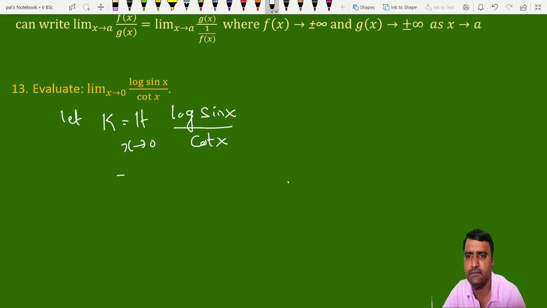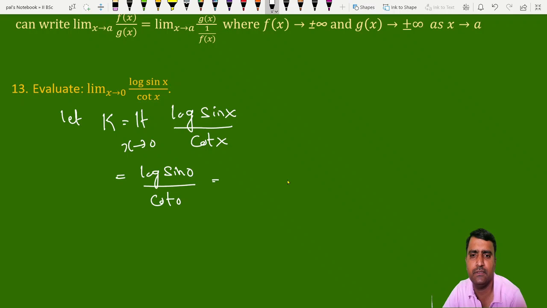Apply the limit, which is equal to log of sin 0 by cot 0. All of you know that tan 0 is 0, cot 0 is 1 by tan 0, 1 by 0 is infinity.